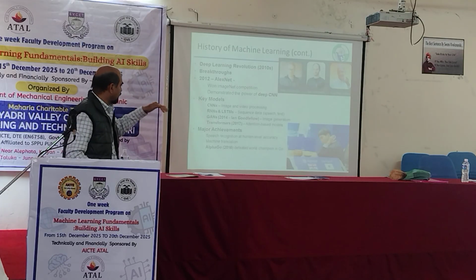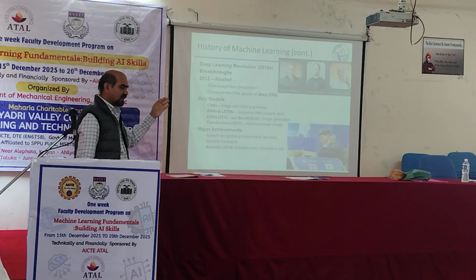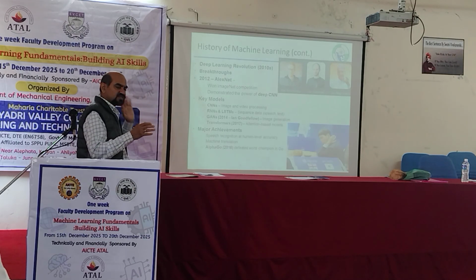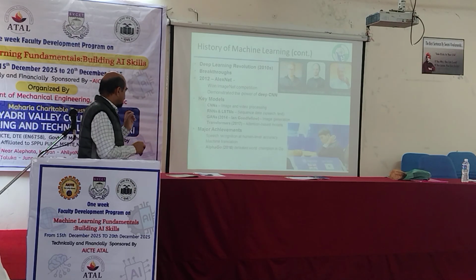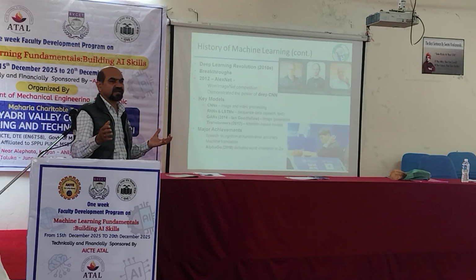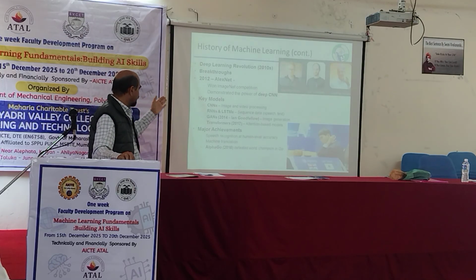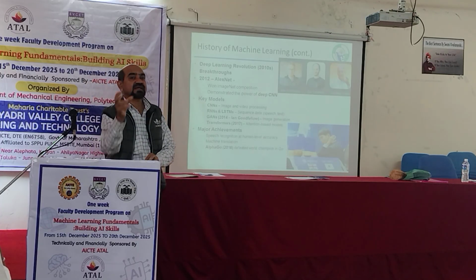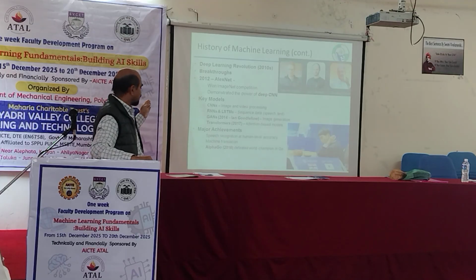The key models developed after that: if your data set is image and video, then use the CNN model. If your data set is sequence data, speech or text data, then use RNN and LSTM. If you want image generation from different text, then use GAN.